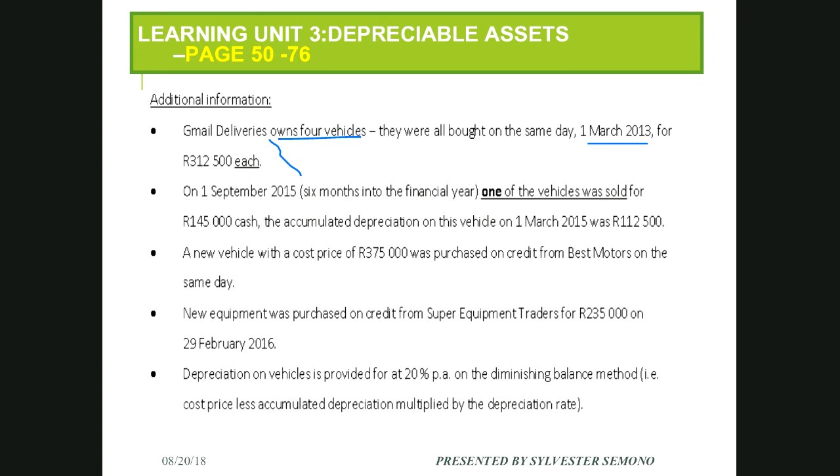They were bought some time ago, not within our period. Those assets were bought for 312,500 each.